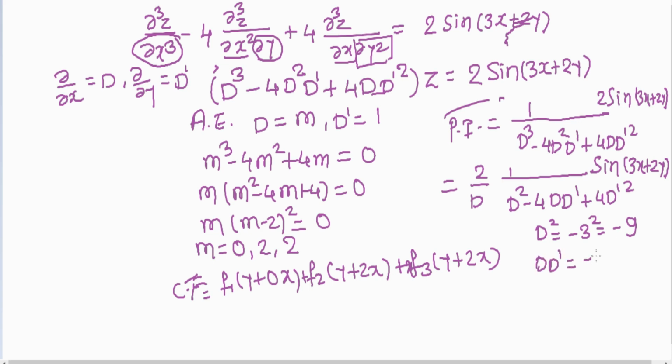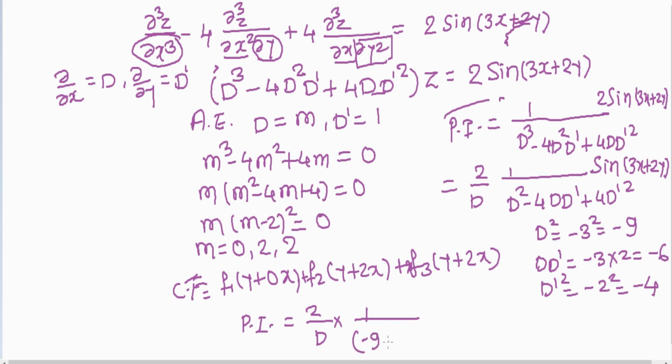D dash squared equal to minus b squared, so minus 2 squared equal to minus 4. Substituting these values, particular integral equal to 2 divided by D into 1 divided by (minus 9 minus 4 into minus 6 plus 4 into minus 4) sine of (3x plus 2y).